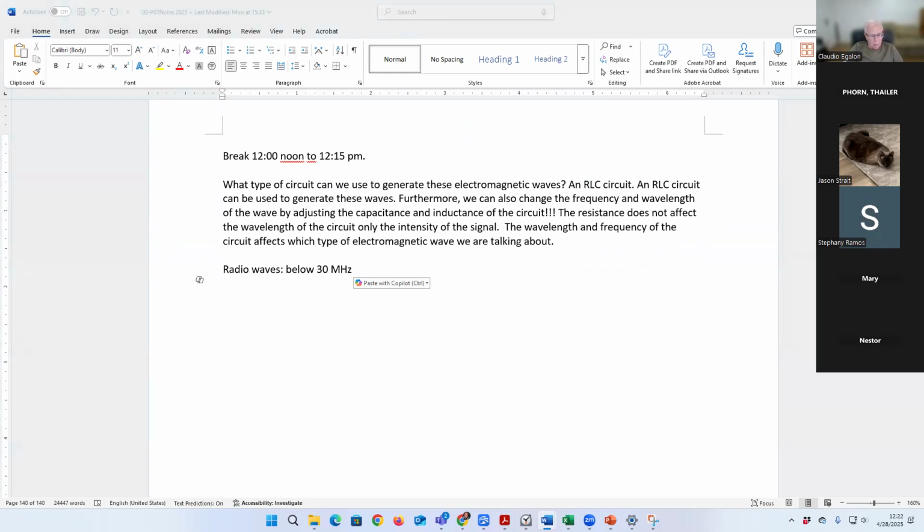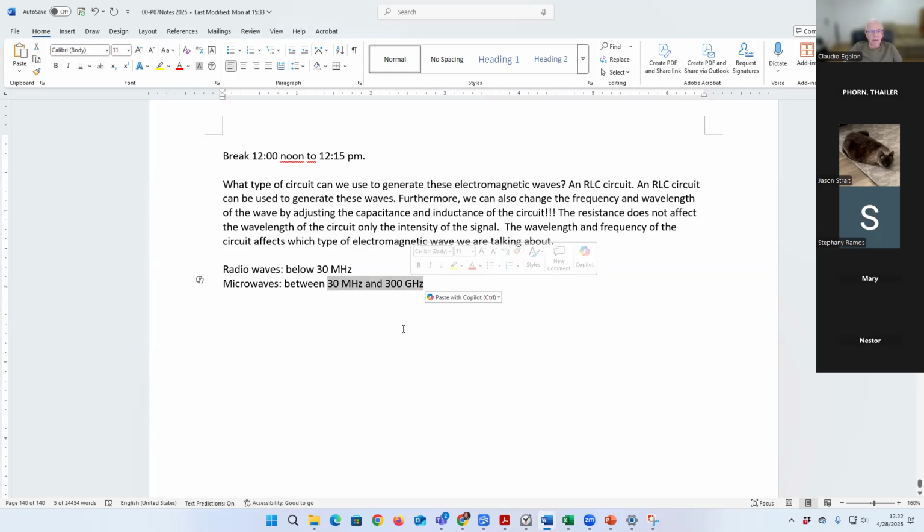If you look inside your microwave oven, you're going to see that it has devices capable of creating an electromagnetic wave between 30 megahertz and 300 gigahertz.